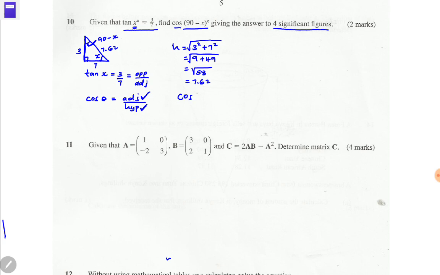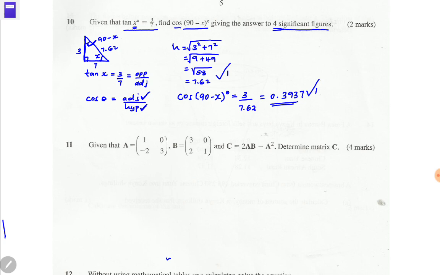Therefore, cos of 90 minus x degrees is equal to 3/7.62, and this will be equal to 0.3937. Make sure that your answer is given to 4 significant figures. So there are 2 marks for this question. 1 mark is for obtaining the value of the hypotenuse, and the other mark is for getting the correct answer.